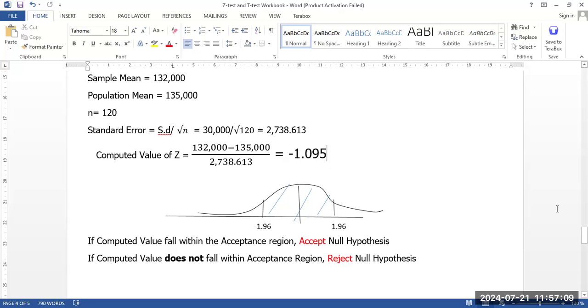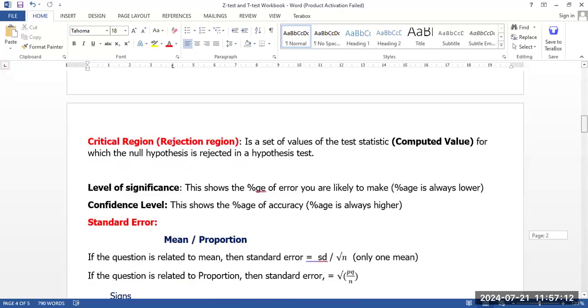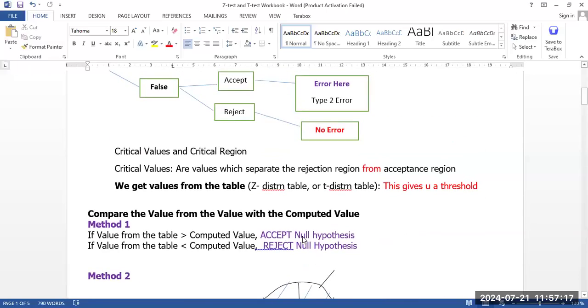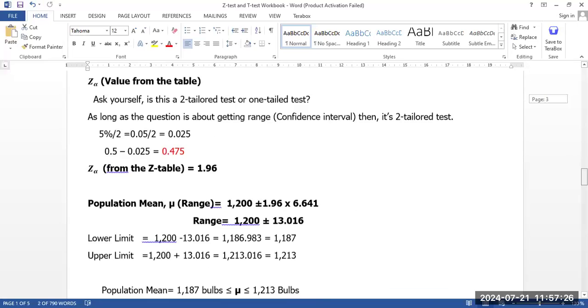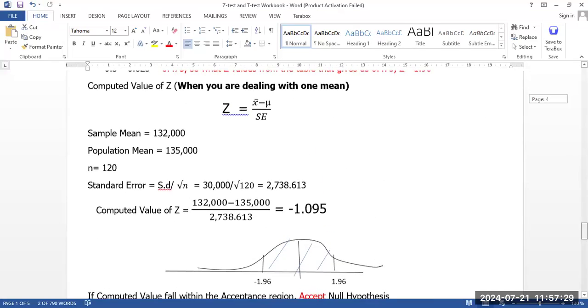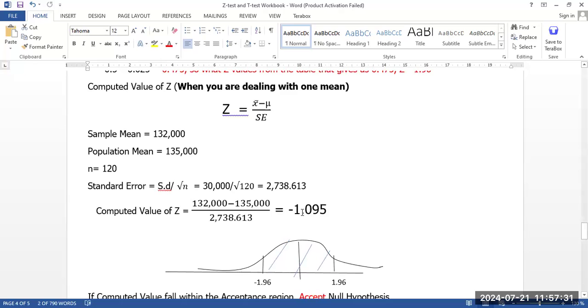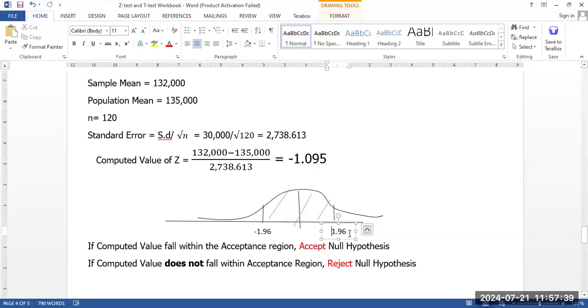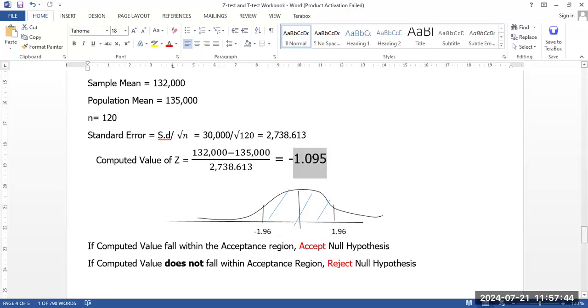And remember, if you're using this method, we said that you accept the null hypothesis if the value from the table is greater than the computed value. If we make this one an absolute value, you can still confirm that the value from the table, 1.96, is greater than 1.095.